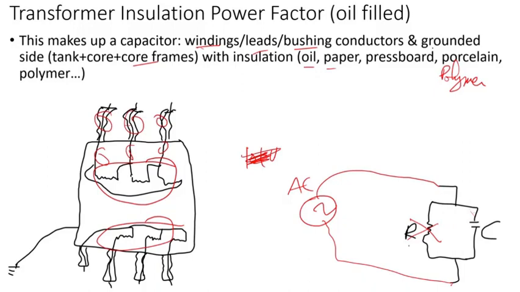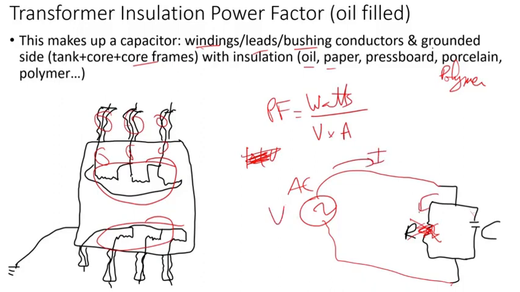But if there's contamination or moisture, then this resistance will consume some watts, which is in the form of losses. Then you go back to the definition of power factor: watts divided by the voltage that you apply times the current that you measure. You apply some AC voltage, some current will flow, some of that current will go through here, and some current will go through the capacitor.